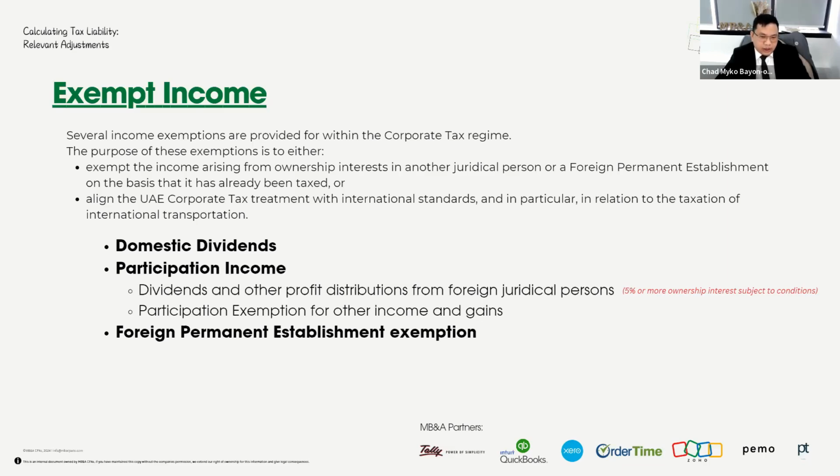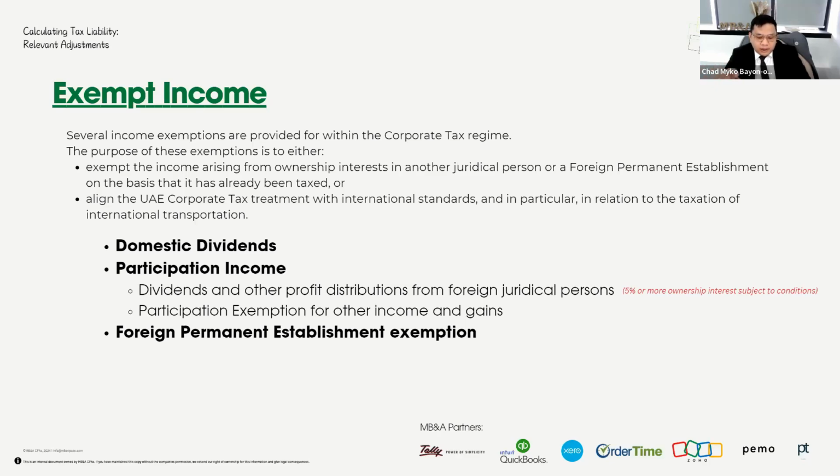One of the conditions is if you are keeping this certain share for more than 12 months. Because if your company is a holding company and you have been buying and selling, then that will become your activity. So in this case, if that is your activity, then that will be part of your taxable income.